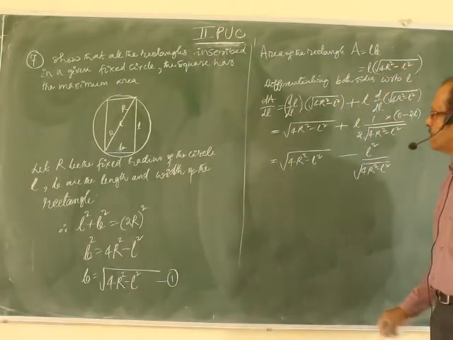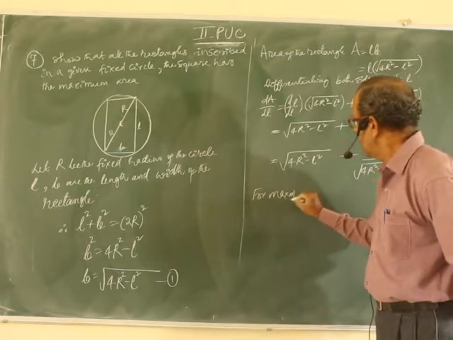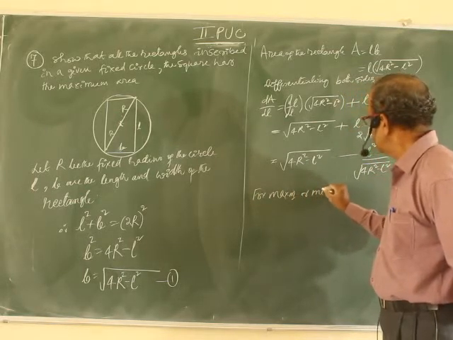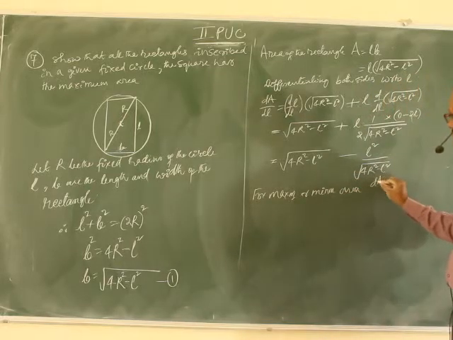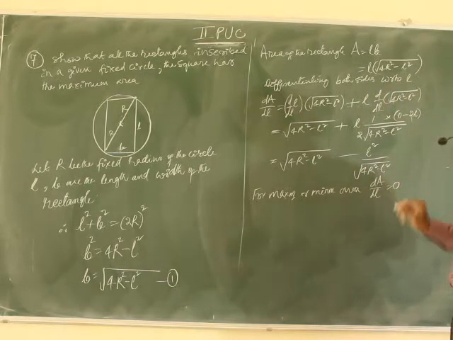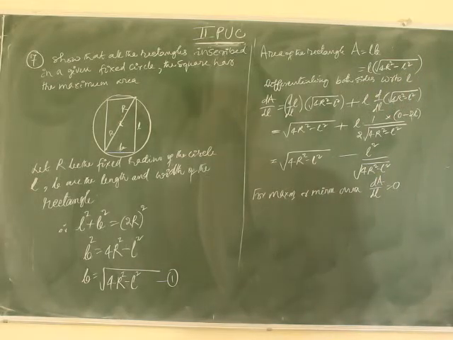Now next step, for maximum or minimum area, dA by dL should be equal to 0.